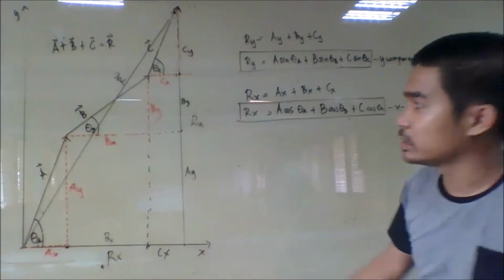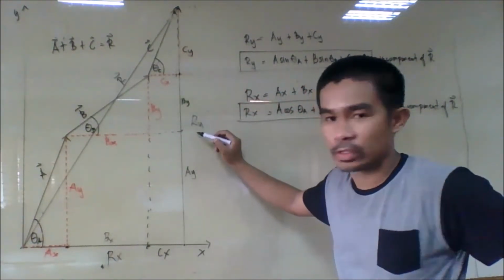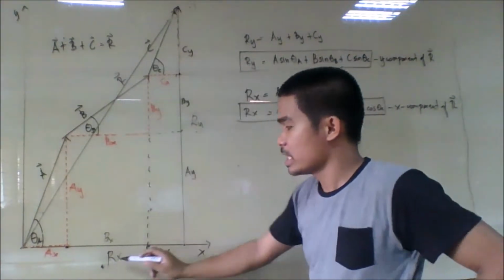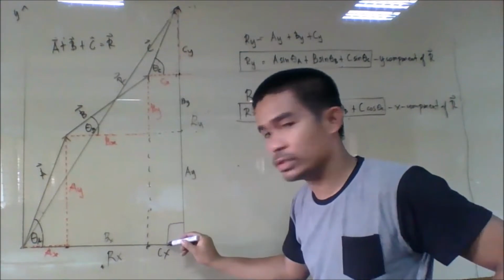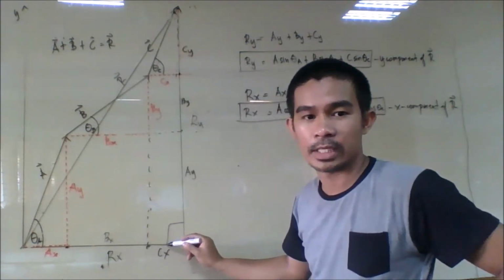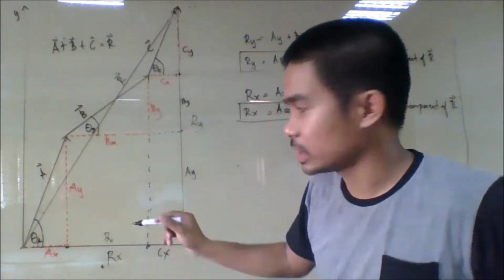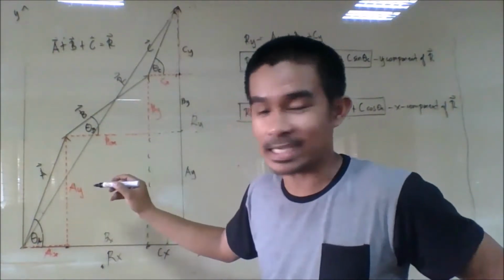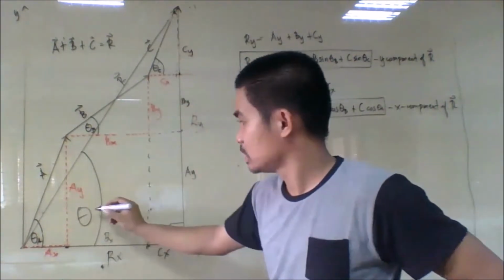Okay, so again, these two components, R of y, or the y component of vector R, and the x component of vector R, which is R of x, are perpendicular to each other. All right, and then the direction of vector R from the positive x-axis is theta.